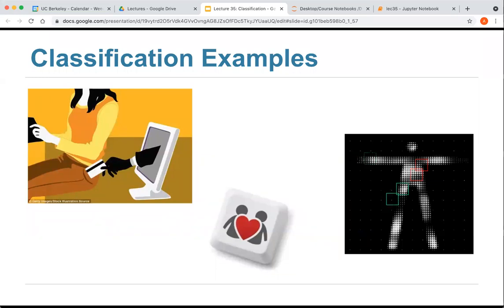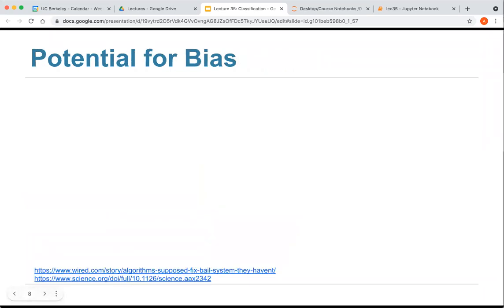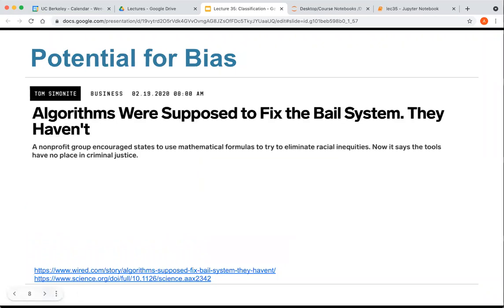However, nothing is actually objective. Everything that involves data involves human beings as well. And we have significant potential for bias. So here is a headline from Wired magazine, and these discussions are very, very current over the last 5 years or so. There were algorithms that were supposed to fix the bail system, but they haven't.